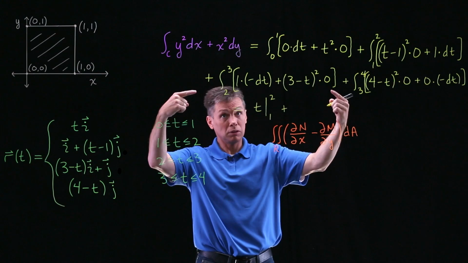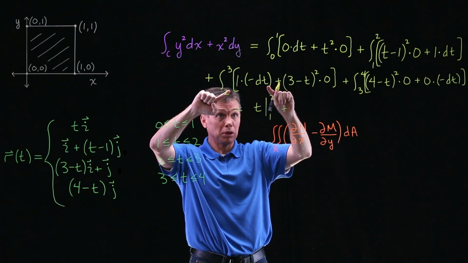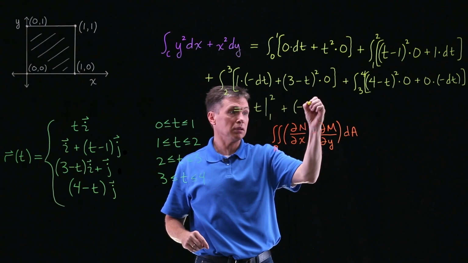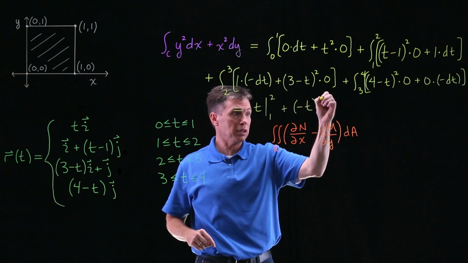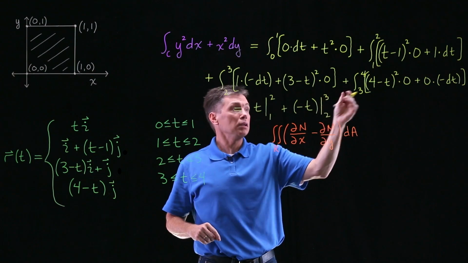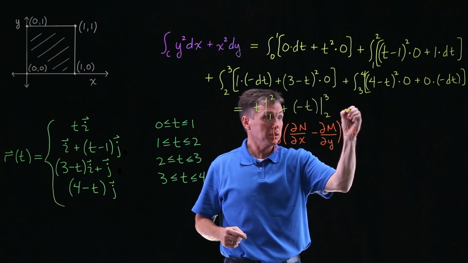Let's take a look at our third integral. Second part blanks out, but the first part does have a minus dt, which will be a minus t, which I have to evaluate from 2 to 3. And then the fourth integral completely blanks out, 0, 0. Okay?